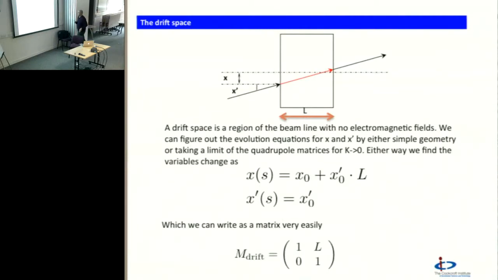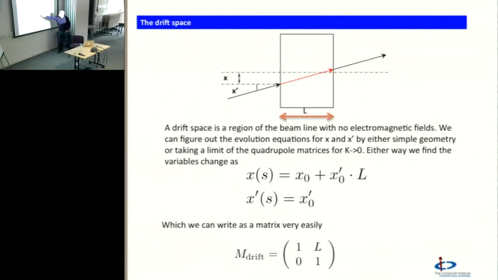Because if you look at this picture, if I'm at some coordinate x and I have some angle, the change in my coordinate x is simply going to be the length of the magnet times the angle added to the original coordinate x. That's just a straight ray through a non-curvy region. Either way, we find in a drift space that the position changes like this and the angle changes like this.